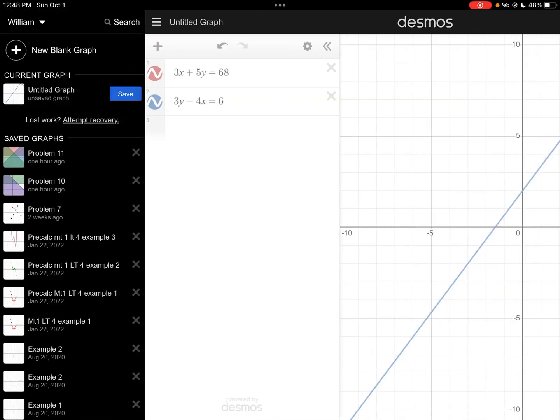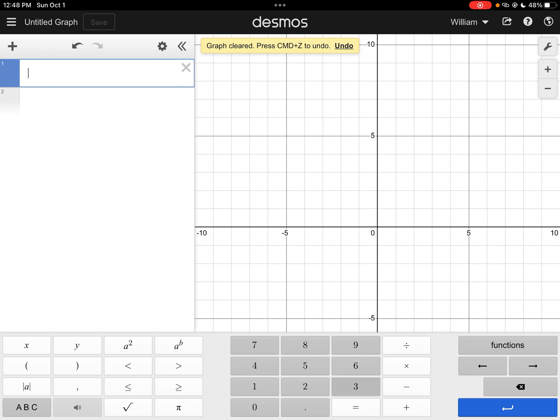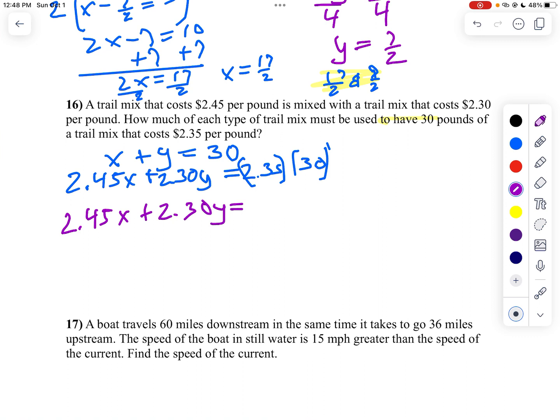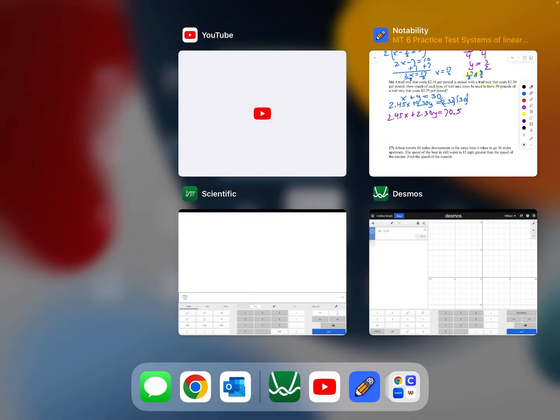And let's get a new graph here. Because if I take 30 times 2.35, I get $70.50. You could have just typed that in, but I'm going to write it like this. So now let's graph these two. Let's go x plus y equals 30.